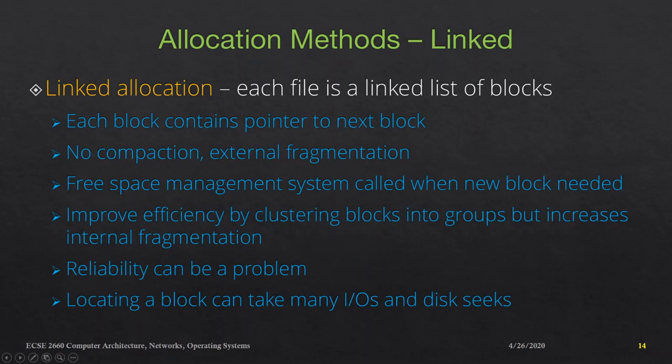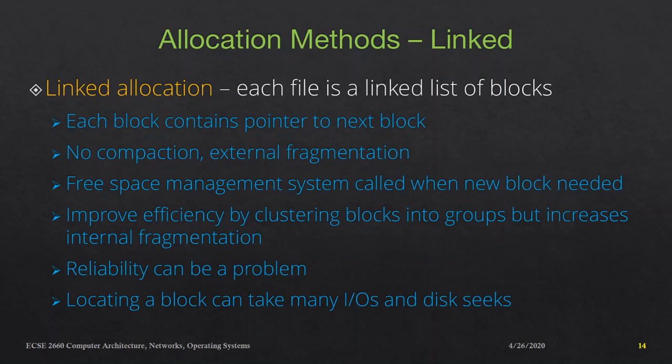So next, let us take a look at the linked allocation method. Disk files can be stored as a linked list, at the expense of the storage space consumed by each link. In the linked list, each block contains data of the file and a pointer to the next block.